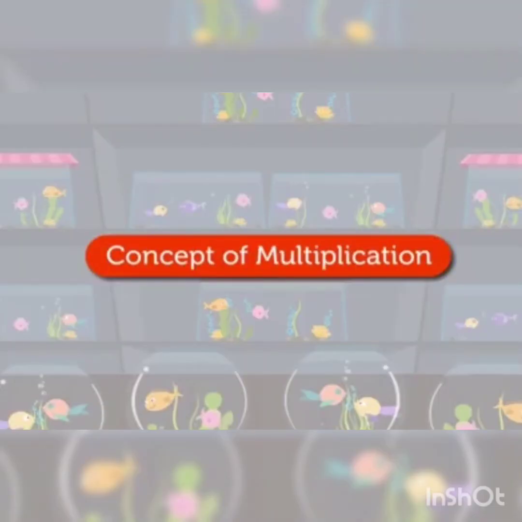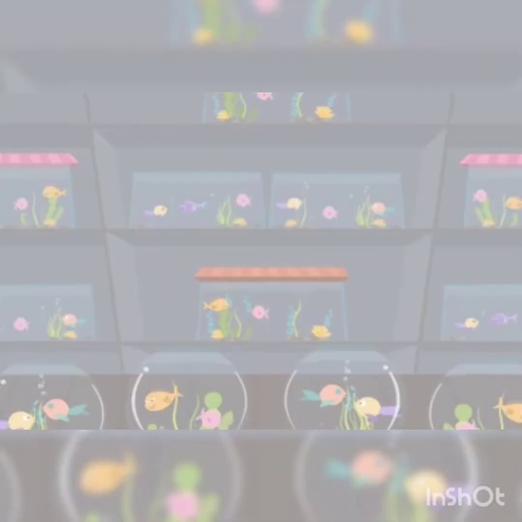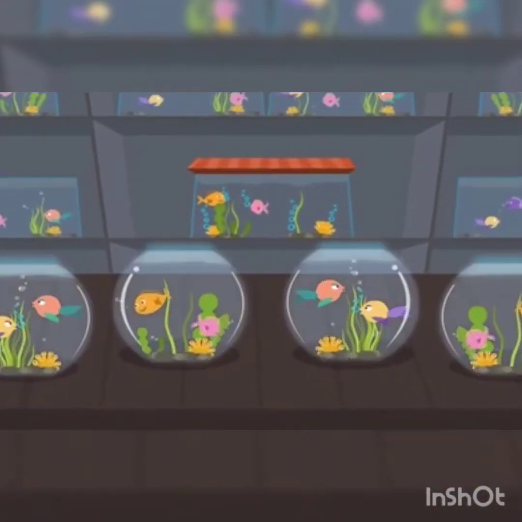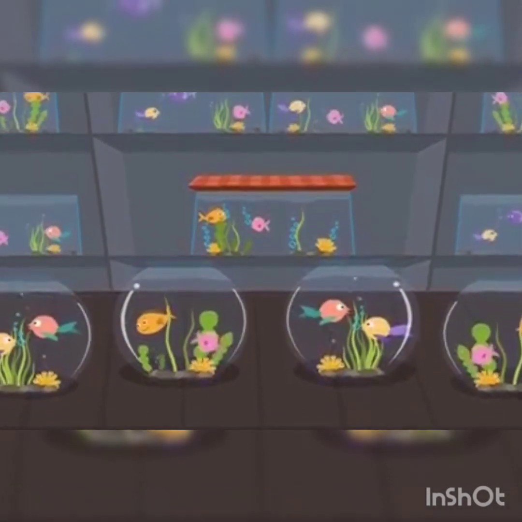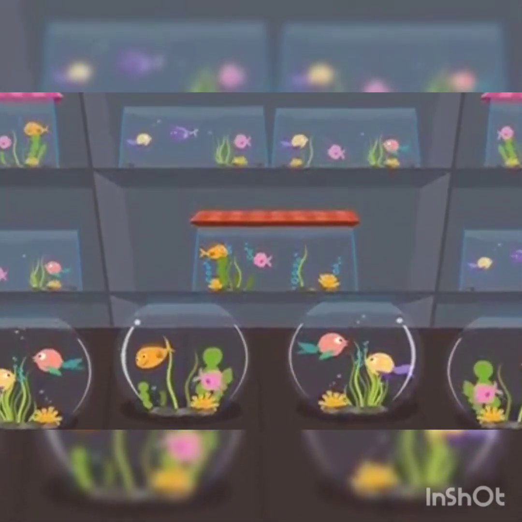Now, we can understand the concept of multiplication with the help of these little fishes. All of you look at the picture. How many fish bowls are here? Yes, there are 4 fish bowls. All of you count the number of fish in each bowl.